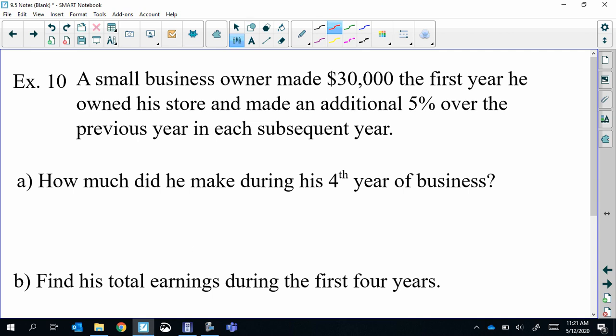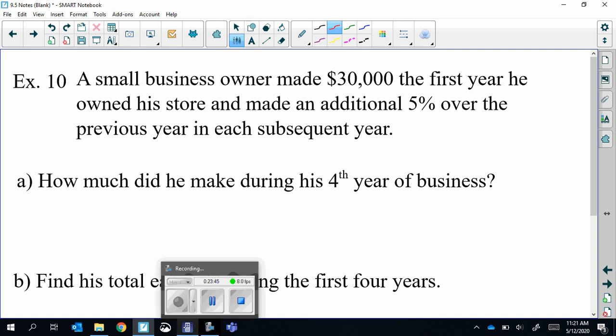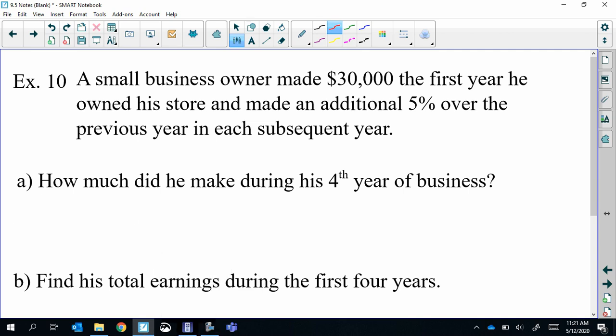So each year it's 5% more. So it's the 30,000 plus 5%, which is 100% plus 5%, 105%, or 1.05 is your R.